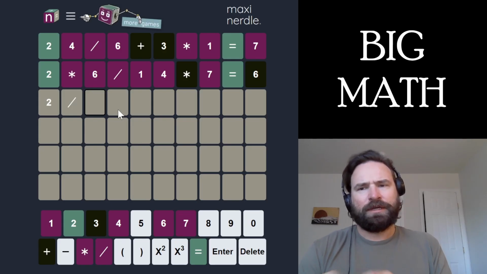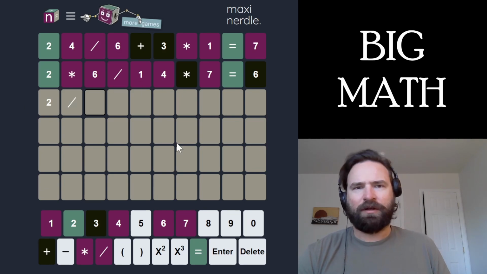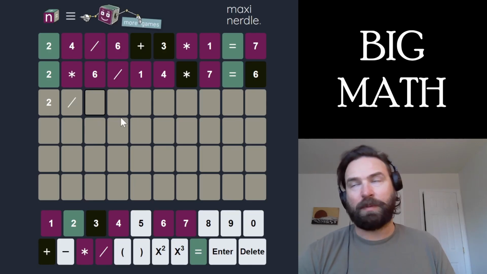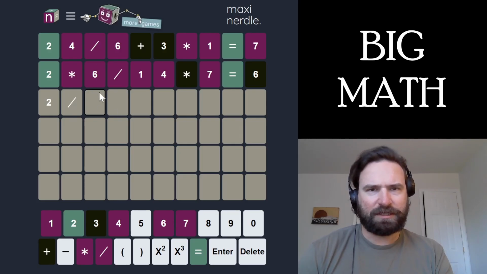There are fewer options that work when you're doing multiplication and division, so it's harder to figure out. But with addition and subtraction ones, you have a better chance of losing. I don't know if better chance is the way to phrase that. But division, I feel like, has to go here, which is weird. And 6 not being able to go here is also strange.